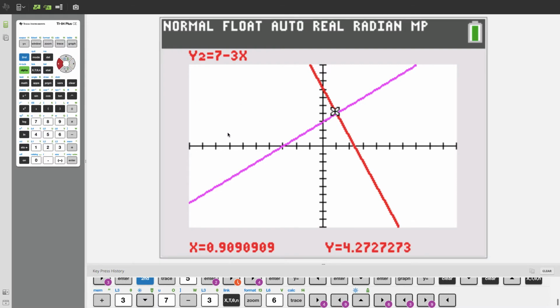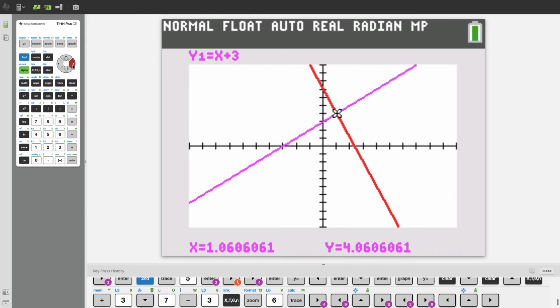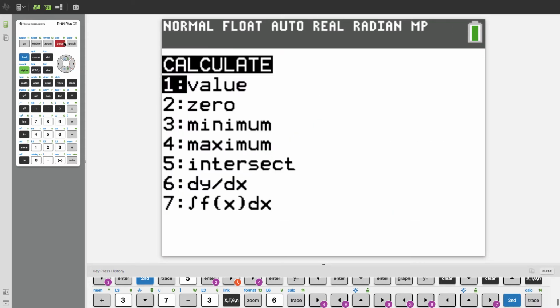Okay, so we want to know when x plus 3 is greater than 7 minus 3x. So where does that happen? After it intersects. So how am I going to figure out where it intersects? Second trace, calc, then intersect.